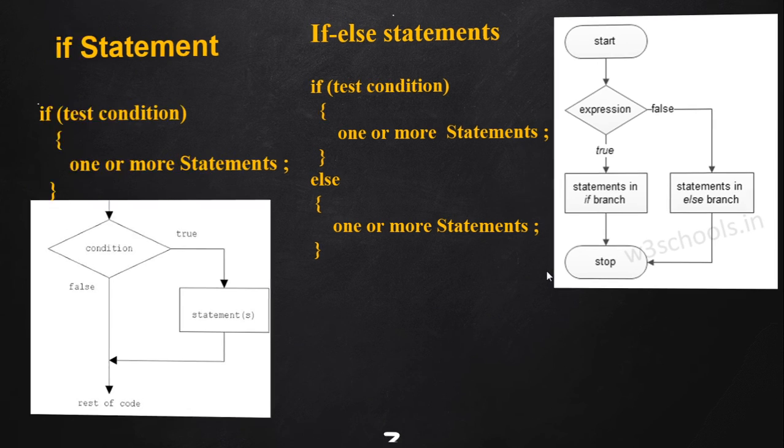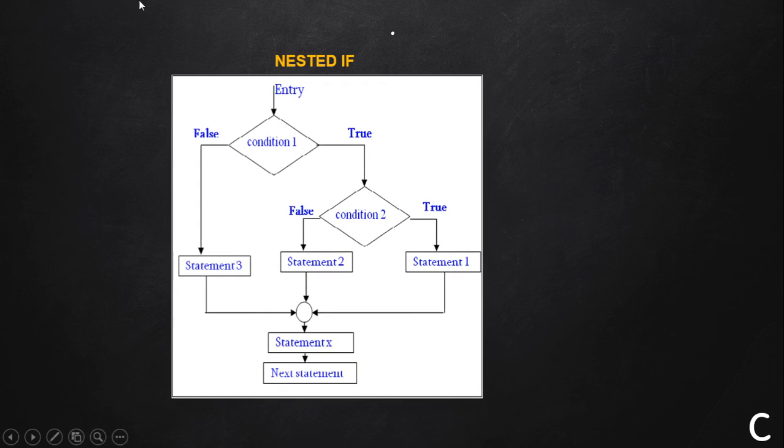Next we can consider the nested if. Nested if means an if inside another if. First the outer if condition: if it is true, then go for the execution of the body of the outer if. Inside the body of the outer if, we have one or more conditions to check. Here is another condition.